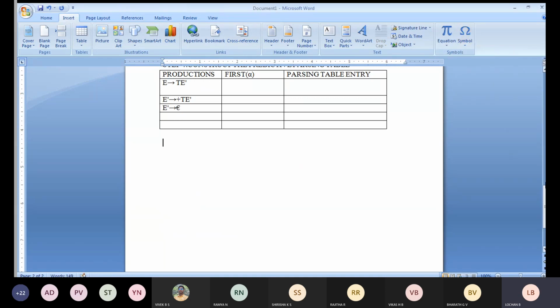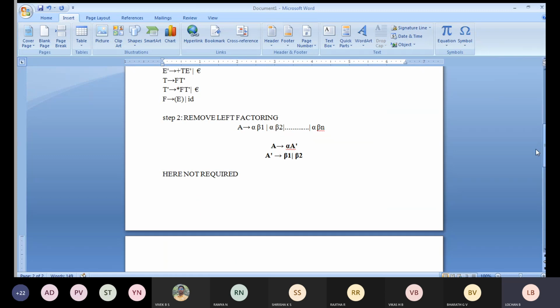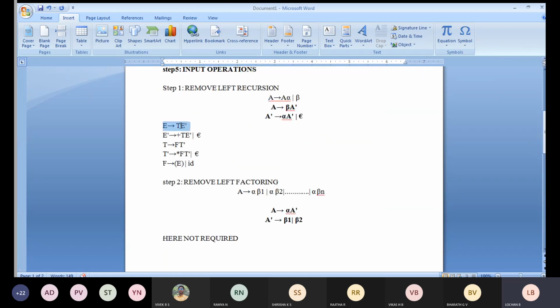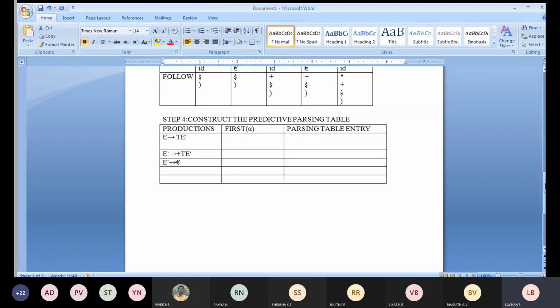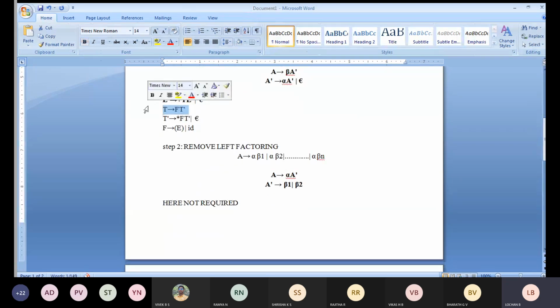If you look here at the grammar, first we have completed E, that's all. The first you will be getting E implies TE dash. Second production you will be getting E dash implies TE dash. That is your second production. What is your third production? We have got epsilon. That is E dash implies epsilon. That is your third. That I have written here. Okay. Next, I am going to write with respect to T now. So T implies this one.